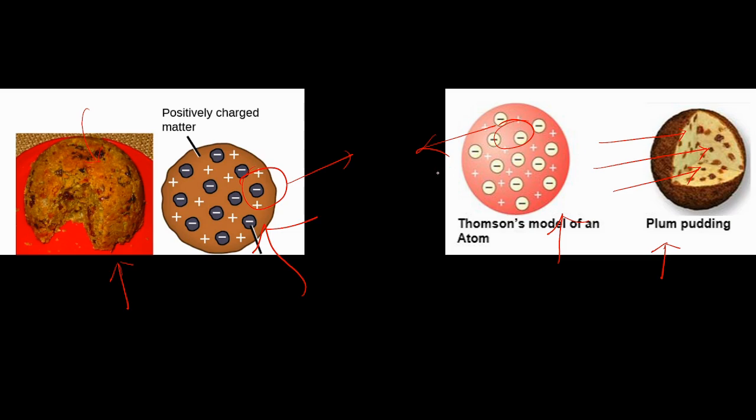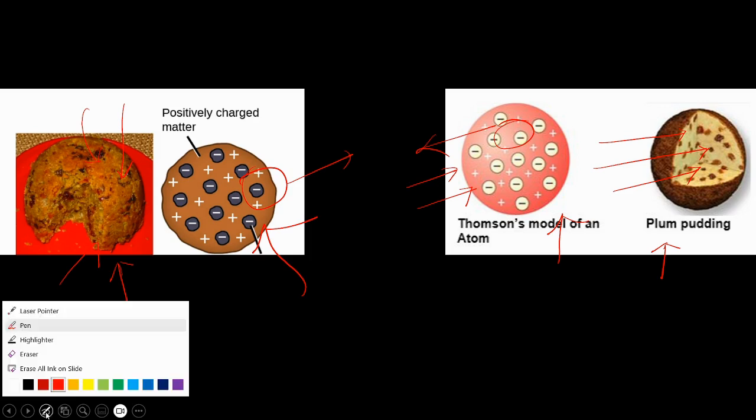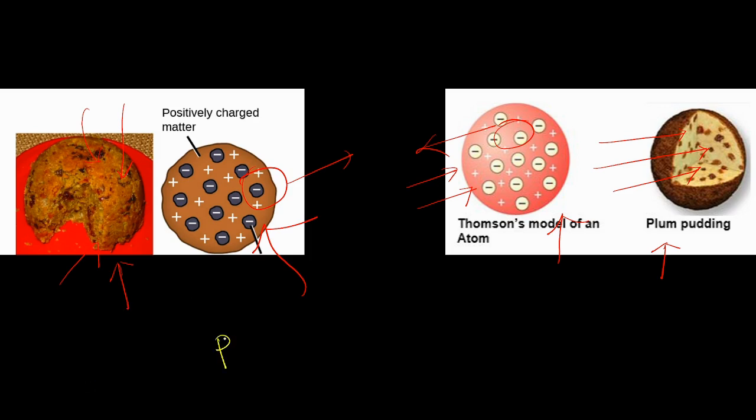They are not revolving throughout the atom. Rather, they are taking some fixed positions inside the positively charged sphere, just like the raisins placed inside the pudding in fixed positions. So he compared his atomic model with the plum pudding, thus his atomic model is also called the plum pudding model or raisin pudding model.